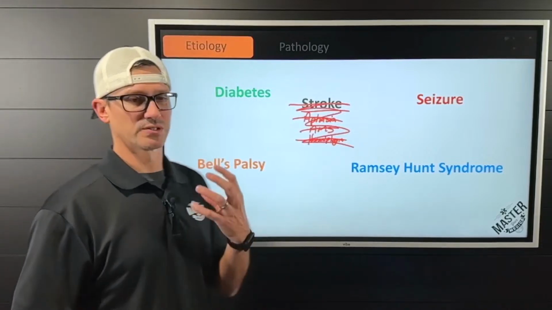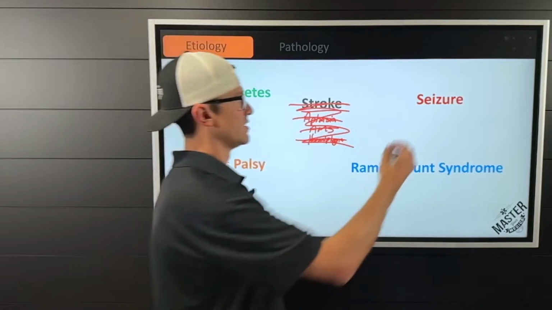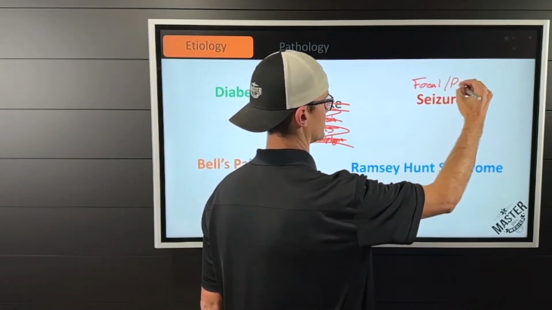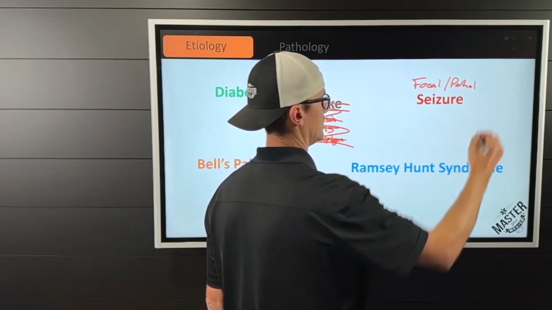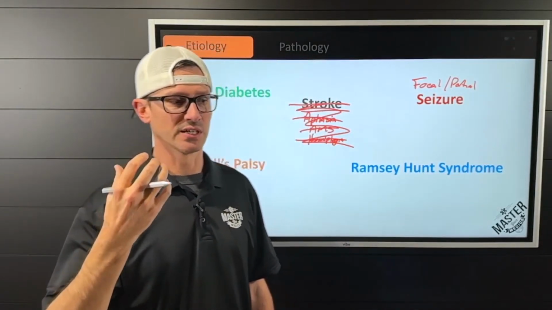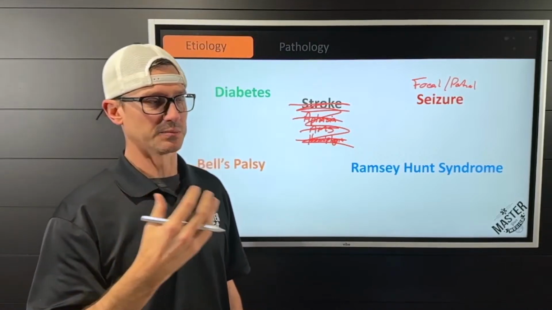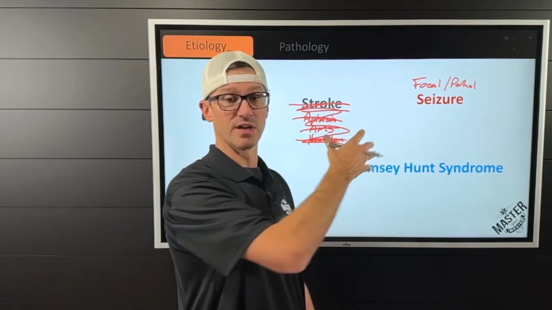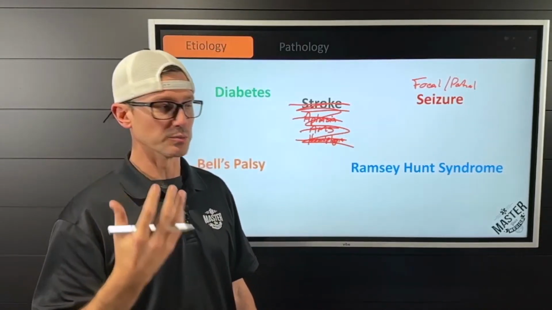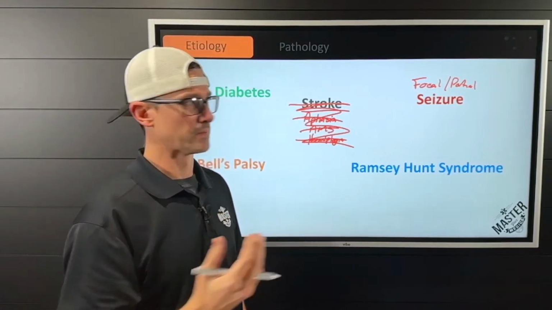Then we think, well, what else could cause one part of the face to not work? Well, that could be a focal or partial seizure. But it's not like it's having tonic moments of contraction of the face, because that would be very indicative of a focal or partial seizure, as if just one part of the face was starting to move or having those tonic tensioning faces, but it's not.